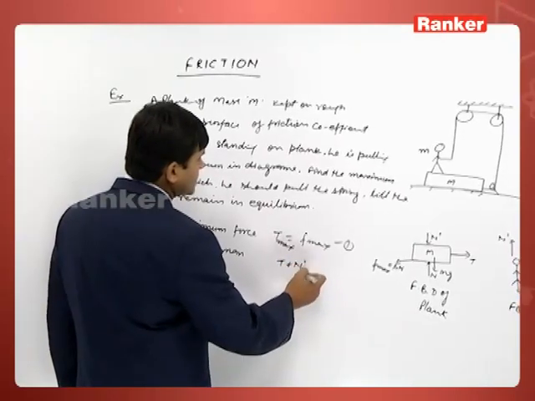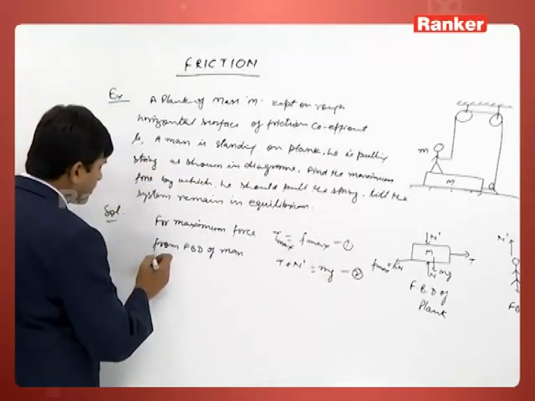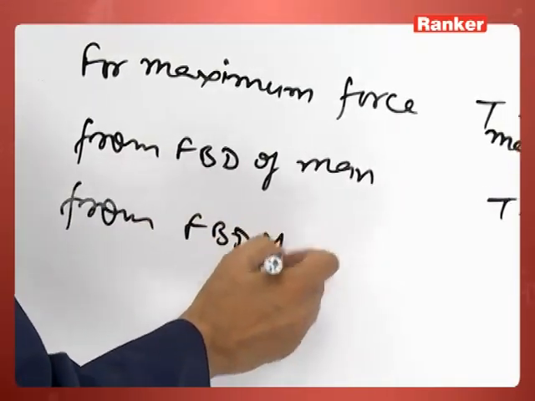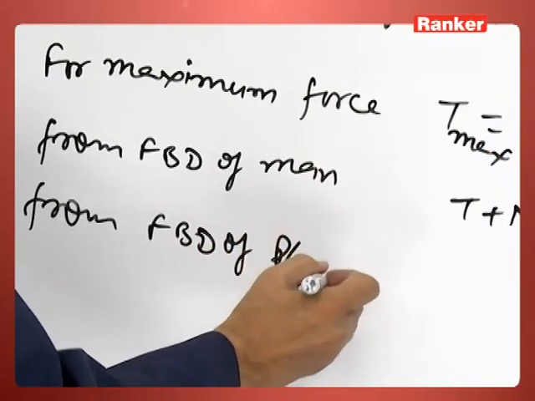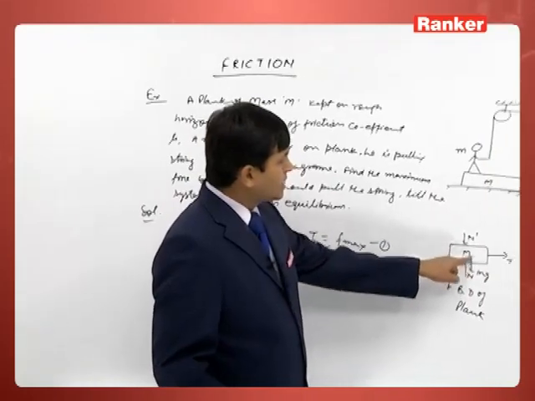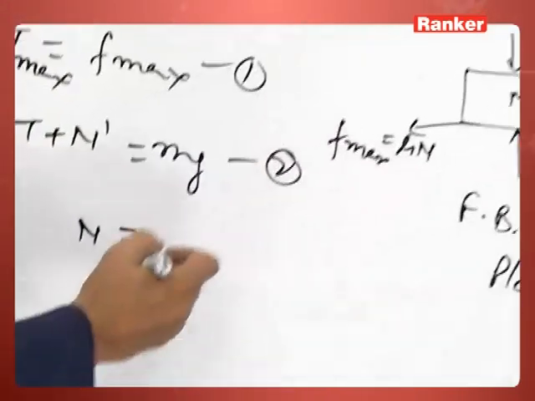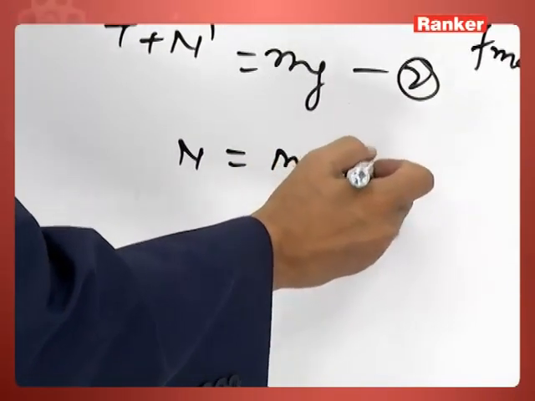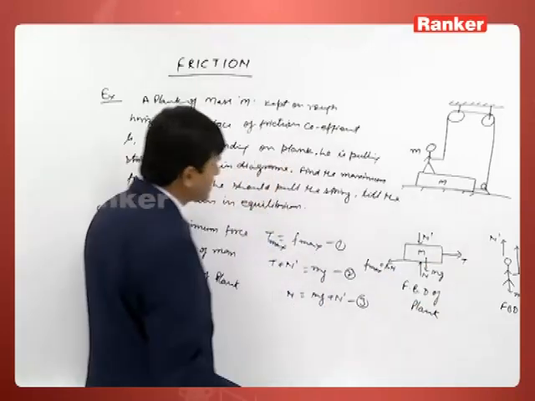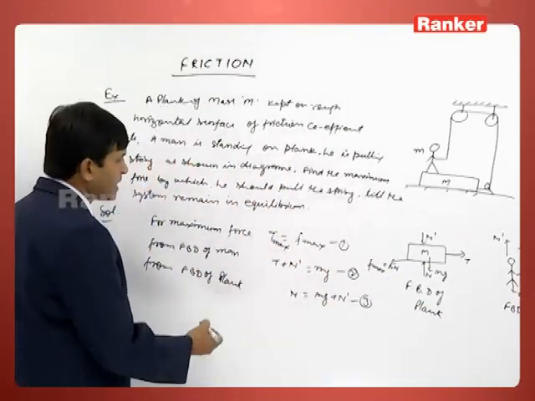From the FBD of the plank, N dash is downward, capital Mg is downward. So N is equal to capital Mg plus N dash, the third equation. And for horizontal, we have already found T maximum is this. Now we can solve from that.